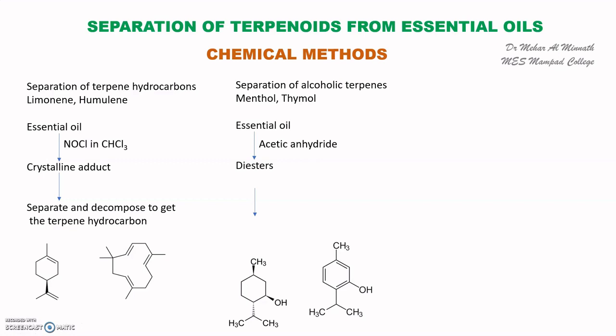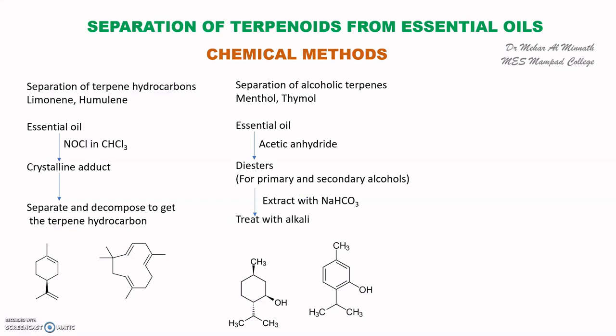Esters will be formed, diesters will be formed, and here the diesters will be formed if you have primary and secondary alcohol only. Tertiary alcohols will not form diesters, so you cannot separate essential oil having tertiary alcohol by this method. So once the diesters are formed, it is extracted with sodium bicarbonate.